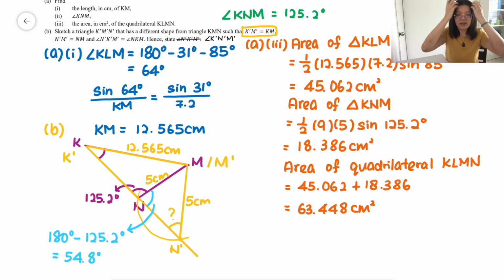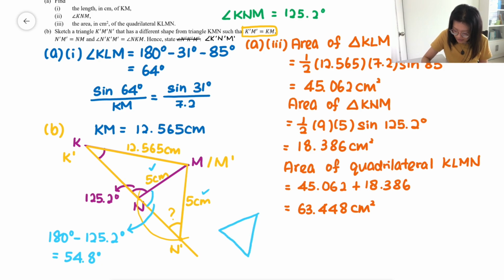Okay, and now listen to me. MN equals M prime N prime. The lengths are the same, 5 cm and 5 cm. So this triangle N prime M prime should form an isosceles triangle. Correct? And for an isosceles triangle, these two angles shall be the same.